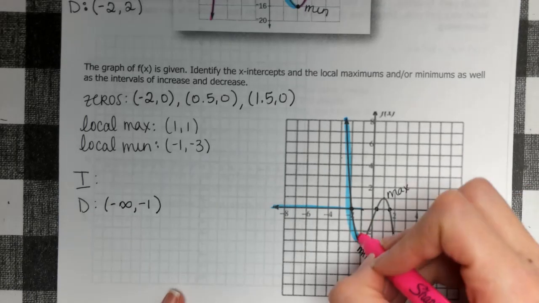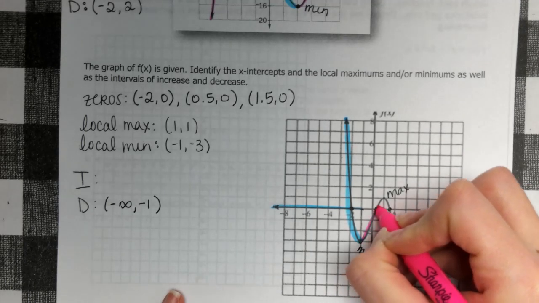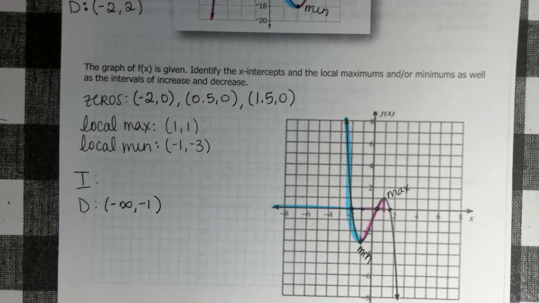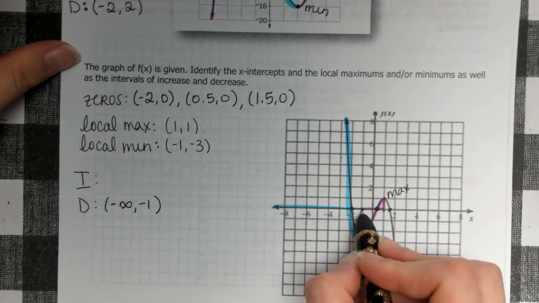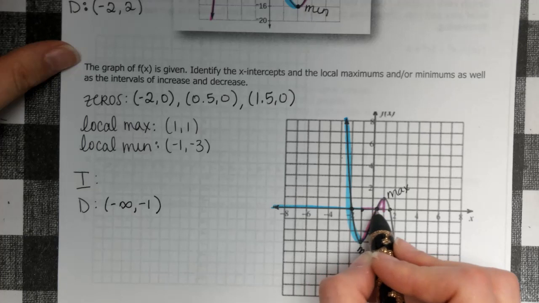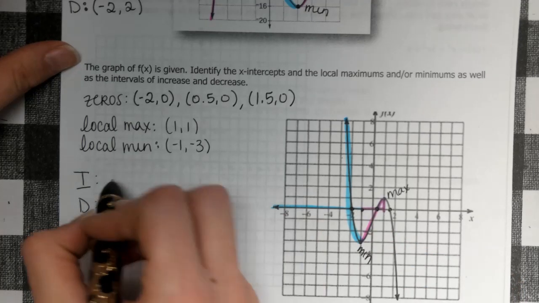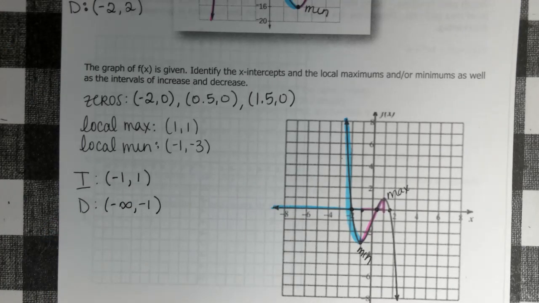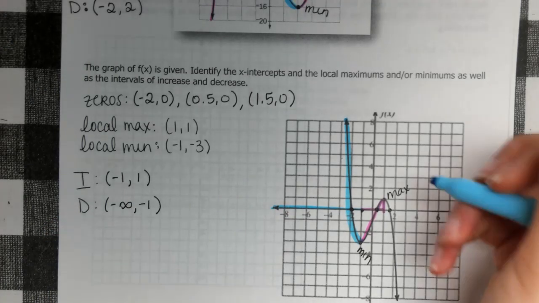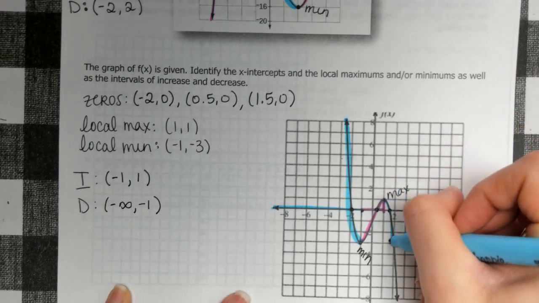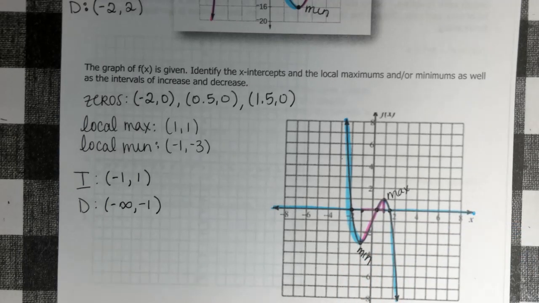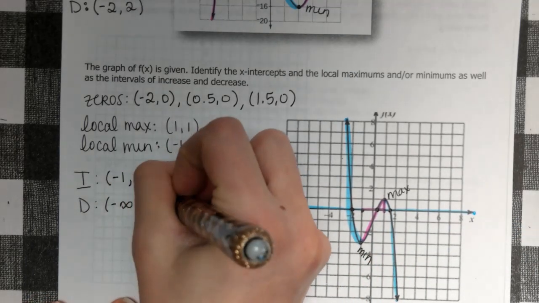And then I turn around and I increase till I hit my maximum. So I have a short interval for increasing, but what would that interval be? On my x-axis. Negative 1 to positive 1. Then I turn back around and I decrease. So from that 1 till infinity, I'm decreasing again.